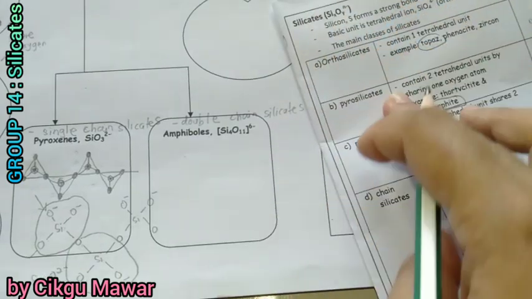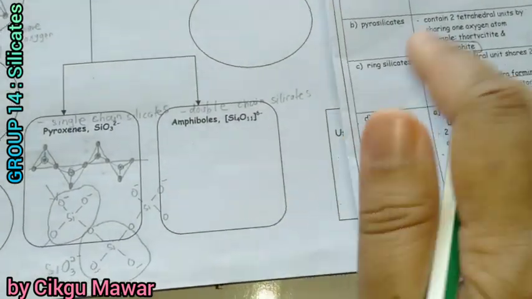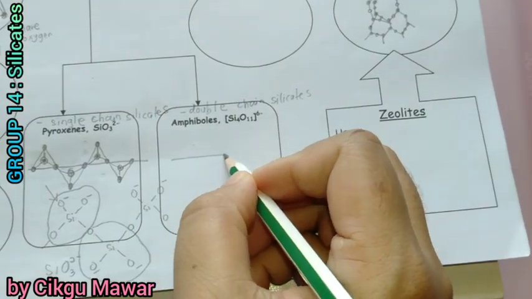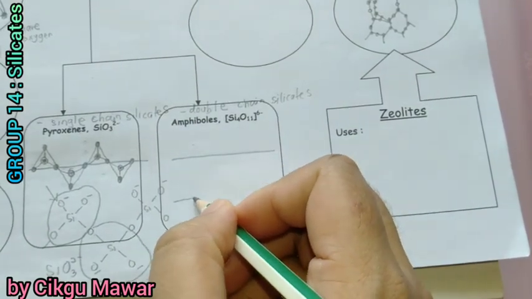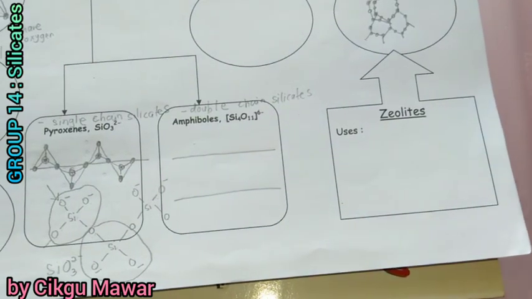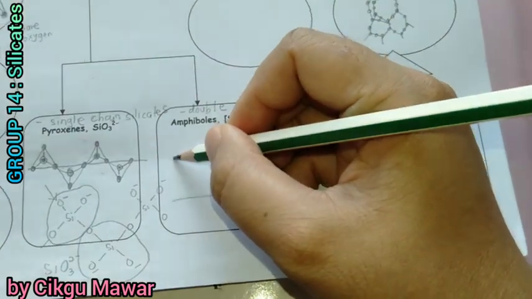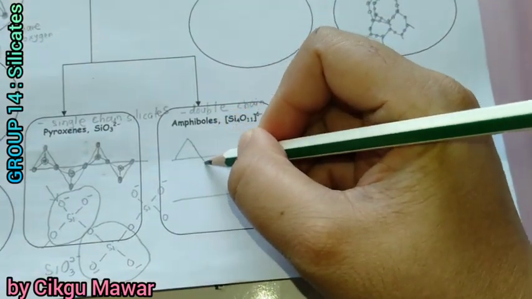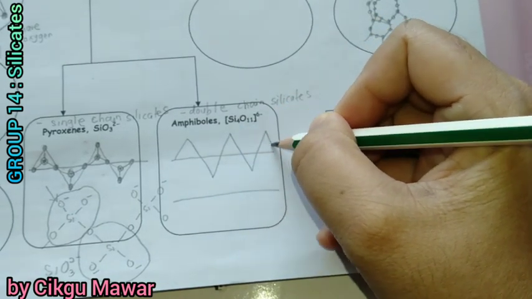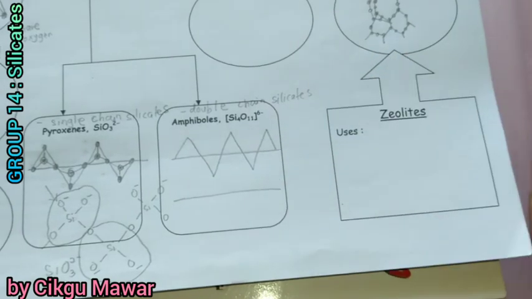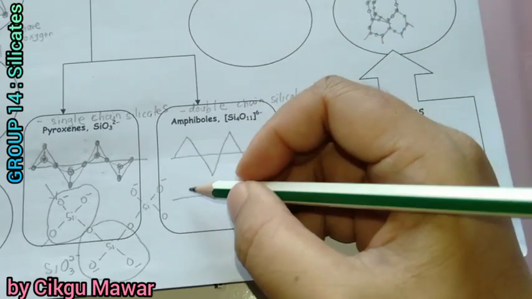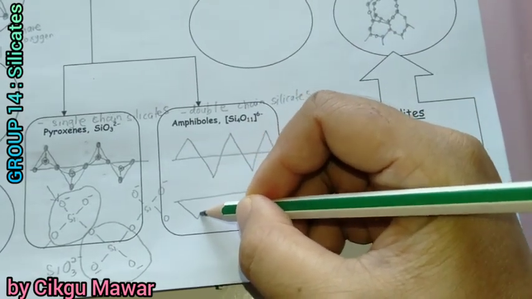In order to draw the double chain silicate, you first draw it in 2 chain shape, and then draw the pyroxene first in an alternate arrangement. This is one pyroxene here, and then you draw another pyroxene below, like this.